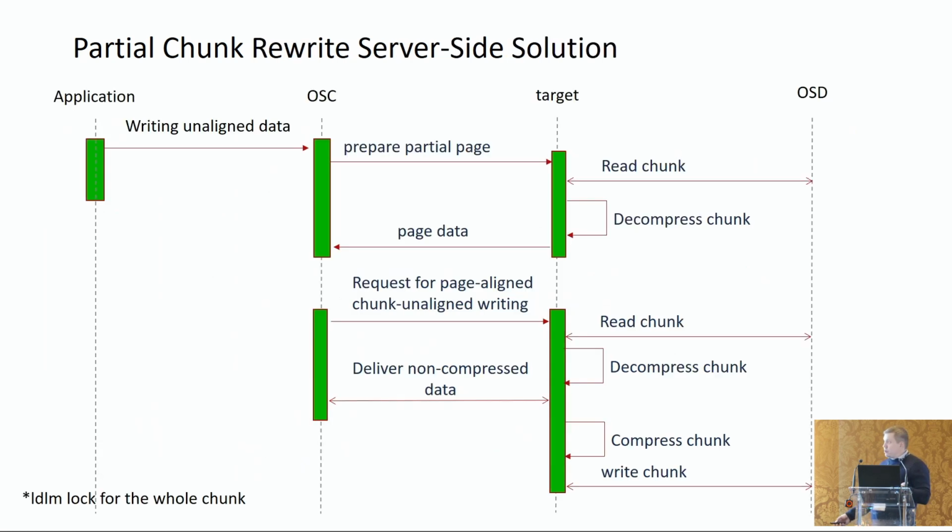So we also need to support this: get this request, read the whole chunk, decompress it, and return it to the client. After this, at least the page comes aligned, a whole page, and we only need to add it to our compressed chunk.